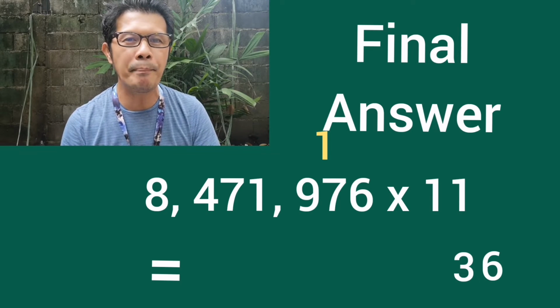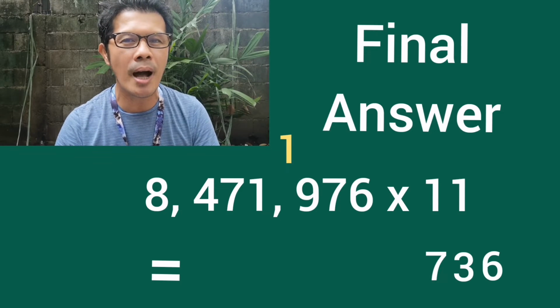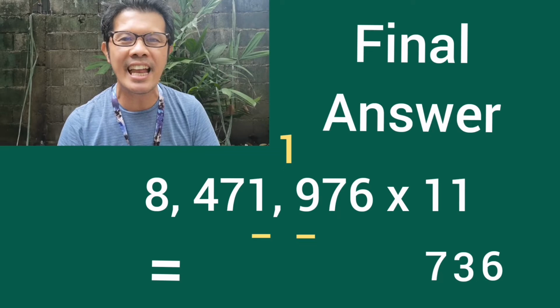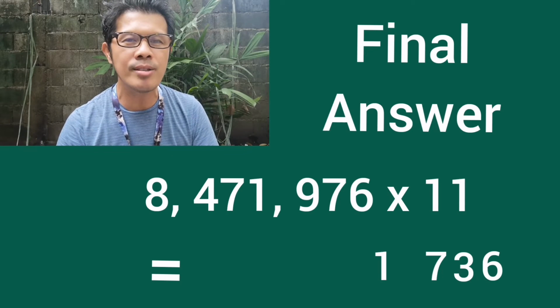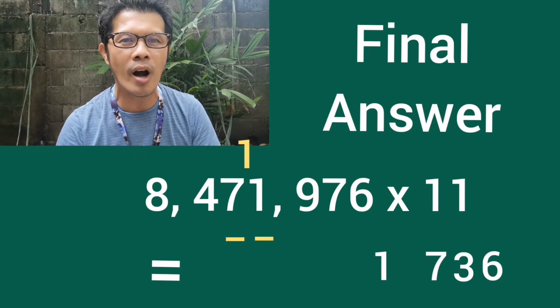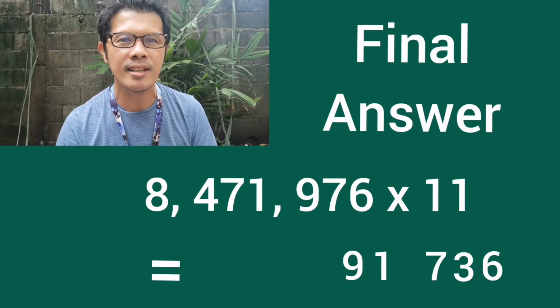From here, copy 7 as the hundreds digit, then carry 1 to the sum of 1 and 9, which is 10, plus 1 is 11. From 11, copy 1 as the thousands digit, then carry 1 to the sum of 7 and 1, which is 8, plus 1 is 9. 9 here is the 10,000th digit of the product.